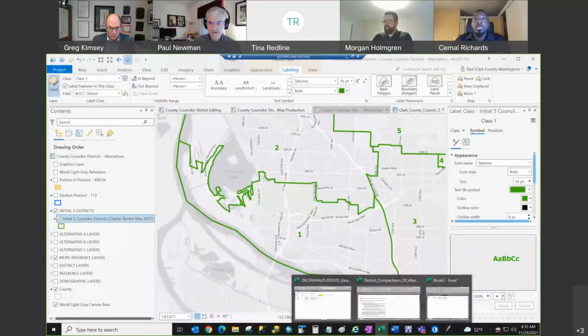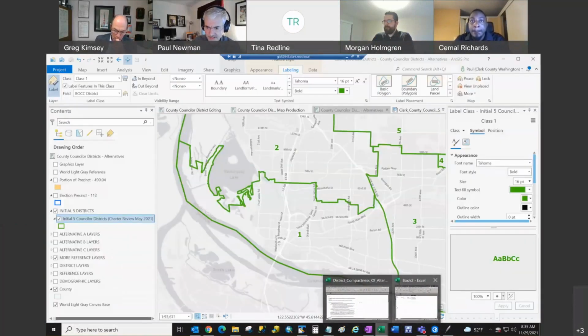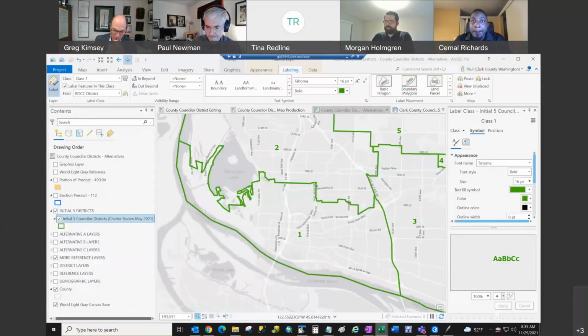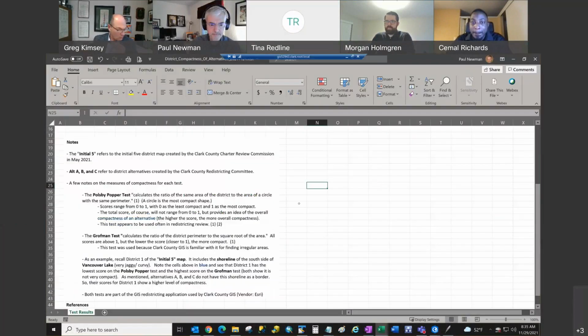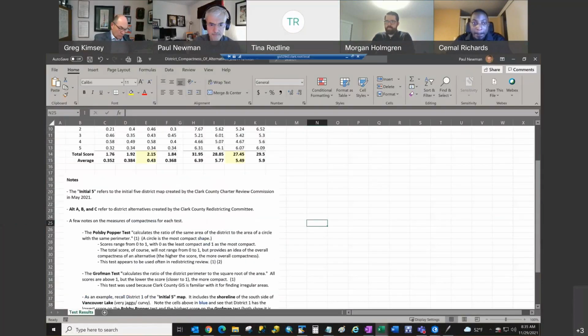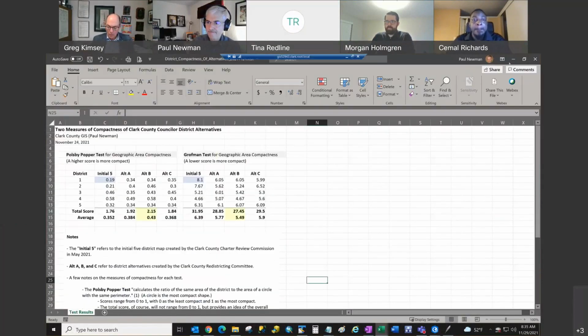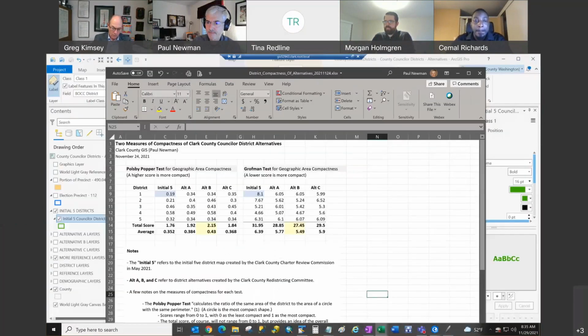I wanted to do a follow-up on the compactness measures that I sent out after our last meeting. Can everyone see that? Yes, I can.